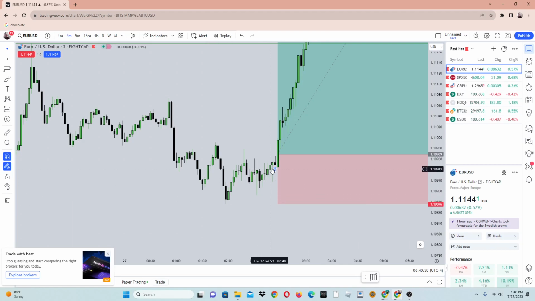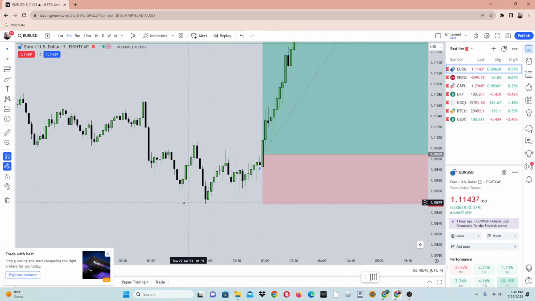Then we started pushing higher. What I noticed is that this candle right here, I was watching live, pushed lower, then immediately rejected. So after the hourly close, I was not anticipating price to break this low, not even this low.